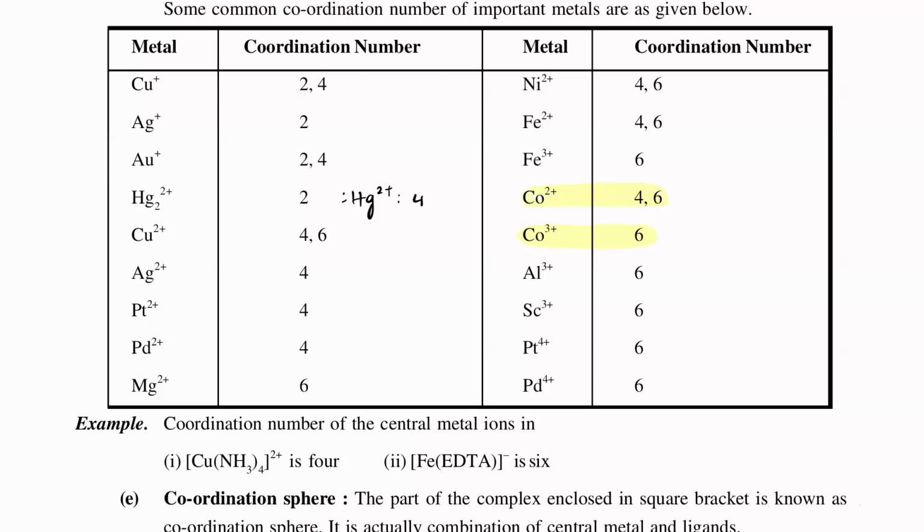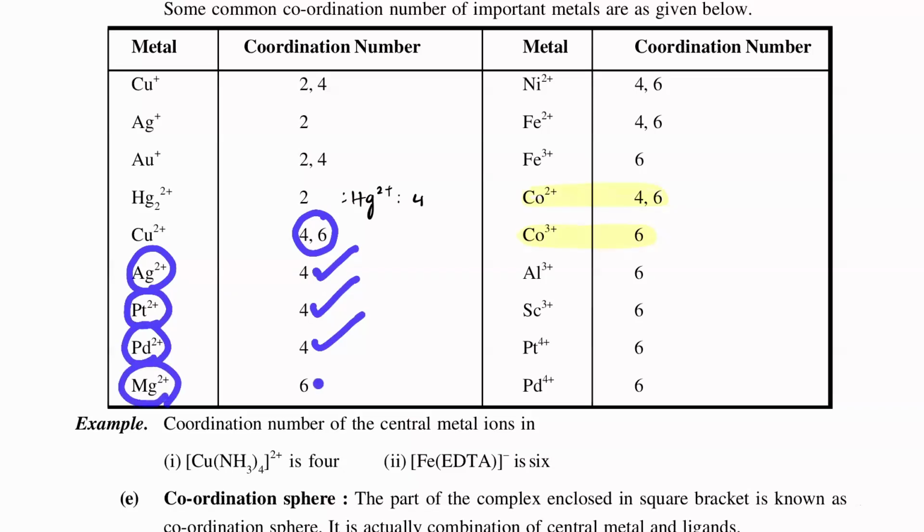Similarly, when it comes to Ag plus, you'll always see only 2 connections. Au plus 2 or 4, Hg2 plus only 2, but Hg2 plus will give 4. Copper 2 plus will offer 4 and 6. Ag2 plus will always have only 4. Pt2 plus will have 4. Pd2 plus will have 4. Mg2 plus will have 6. Correct?